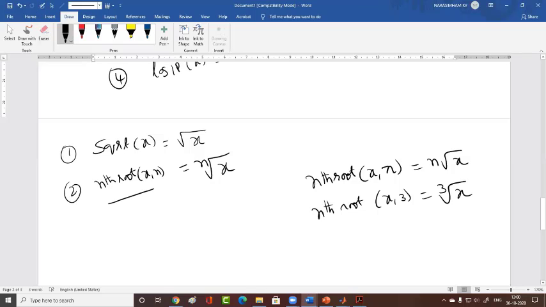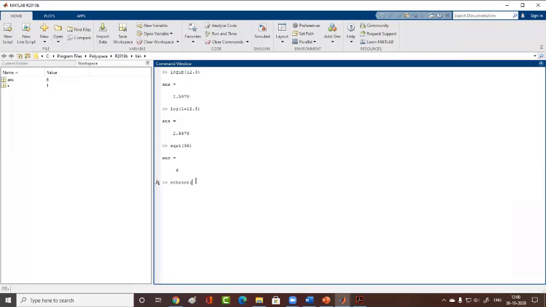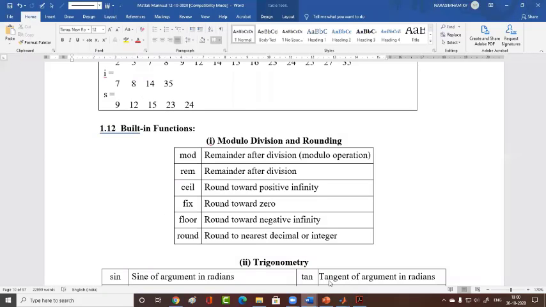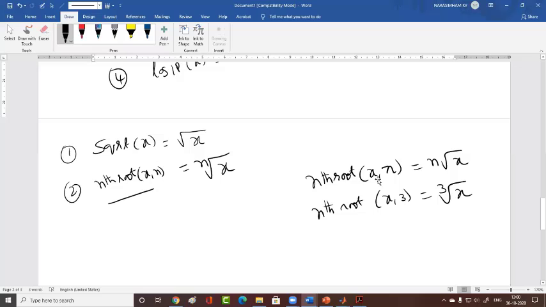So nthroot of 8 comma 3 is nothing but 2. Nth root means cube root or fourth root or fifth root. You simply use this syntax: x comma n.